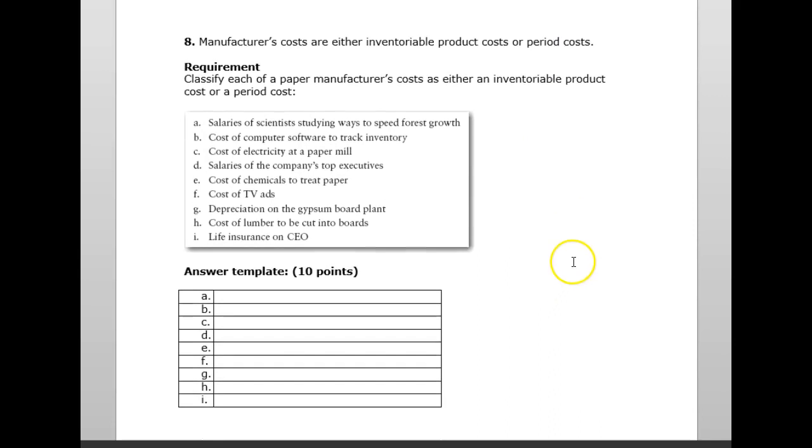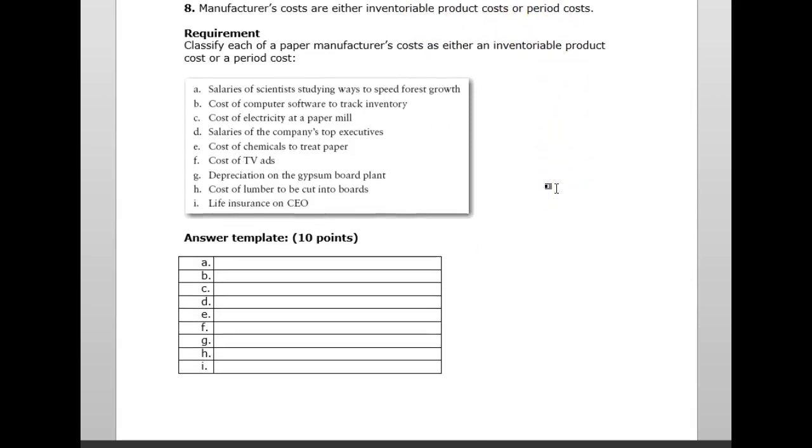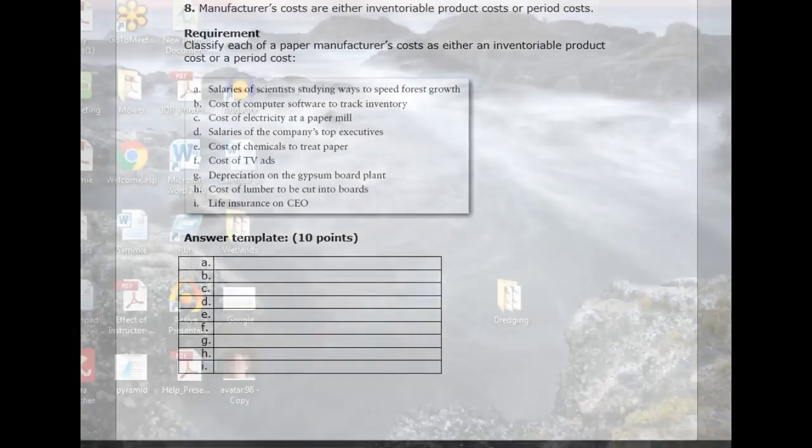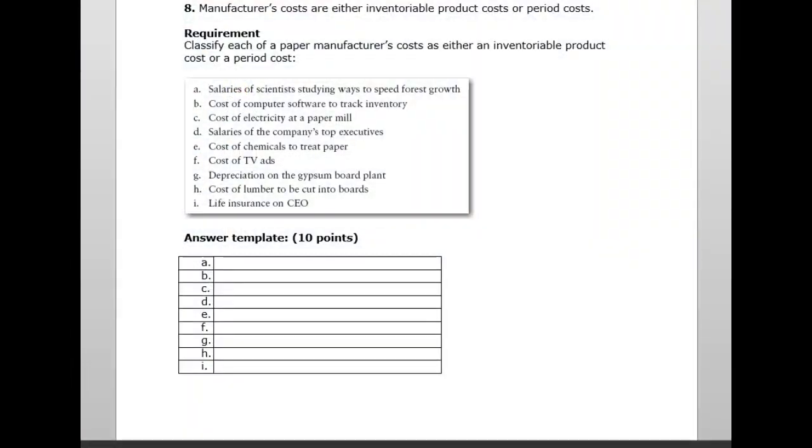And then we're going to look at manufacturer's costs that are inventoriable, product cost, or period costs. And again, you're going to find that in the book, page, oh my goodness, let me get the book up here. I think that was 946 actually, and I may not be right. Hold on.